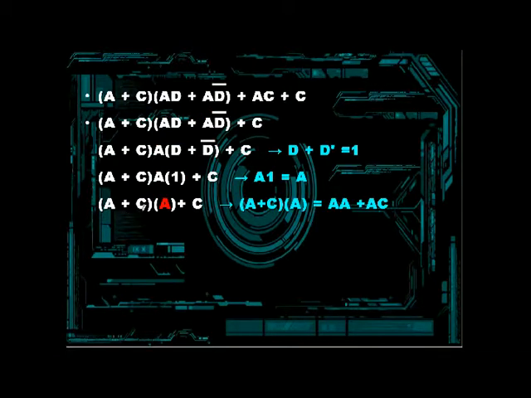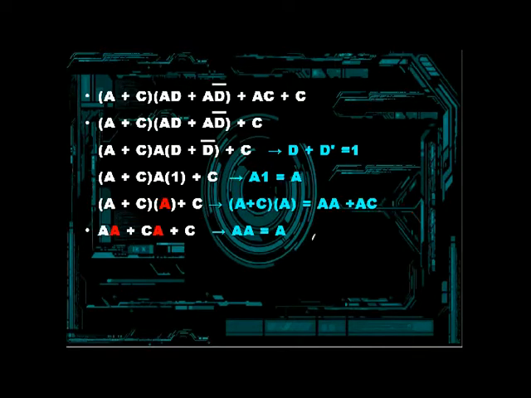Okay. Now what can I do here? Let's see, we need to distribute this and this. So I'll have AA and AC plus, well, C, which is this one, or C. So this is A, this is AC or C. So I can either take those as C or take those as A, either one.